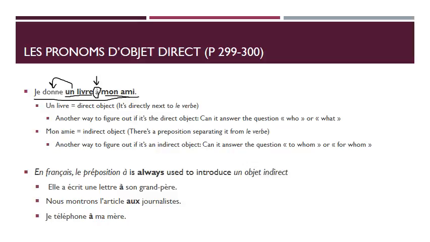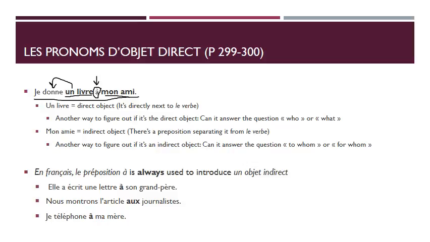So to my friend makes mon ami, my friend, the indirect object. Because notice there's something in between, if that makes sense. Another way to figure out if you have an indirect object going on is can it answer the question to whom or for whom? So I gave a book. To who? My friend. See how that works? It's a good way to test it.